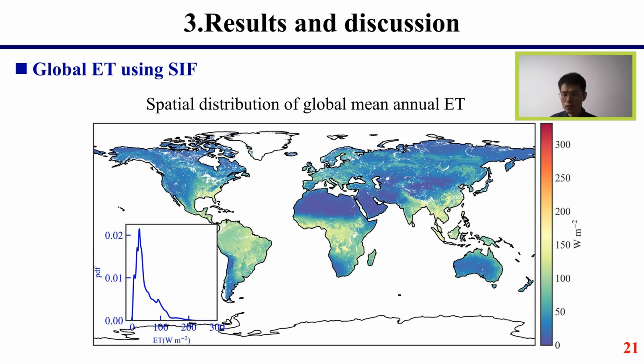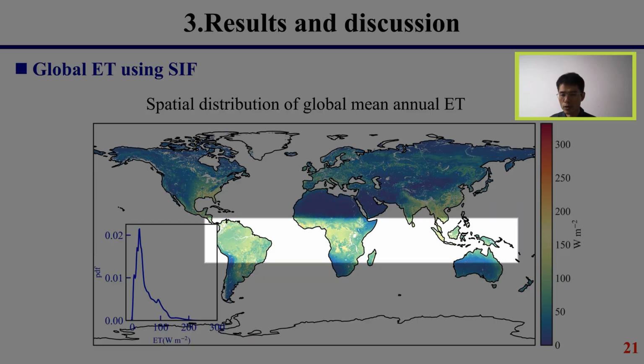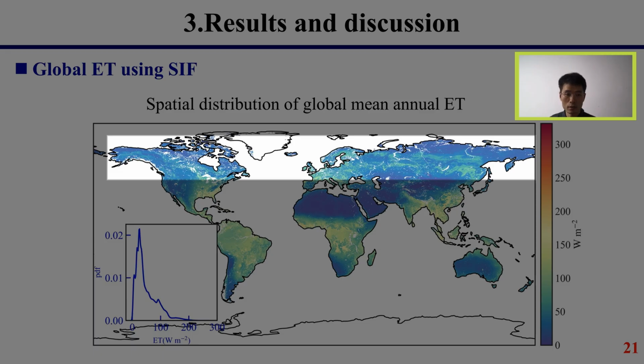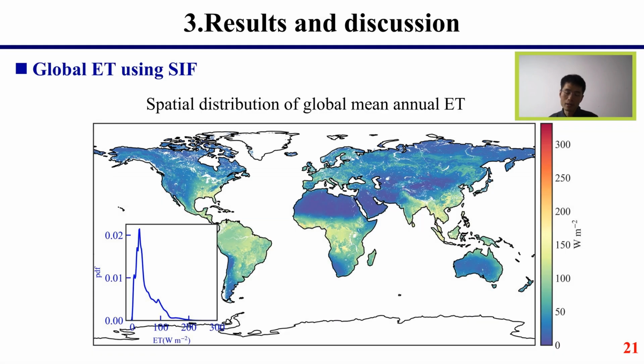It is close to our knowledge in the tropical regions like Central Africa, Indonesia in Southeast Asia, and the Brazilian Amazon forest. We generally have very high values over the tropical regions. In the high latitudes, like North America, we have very low values. So it is close to our common knowledge.